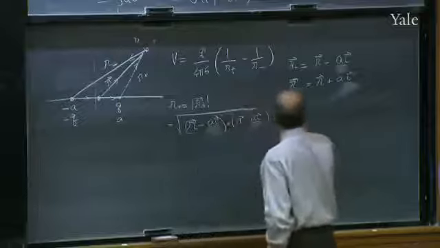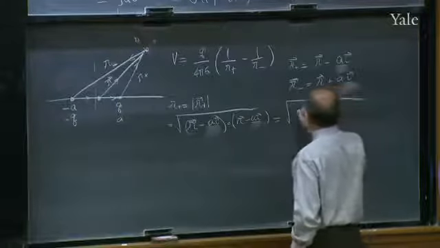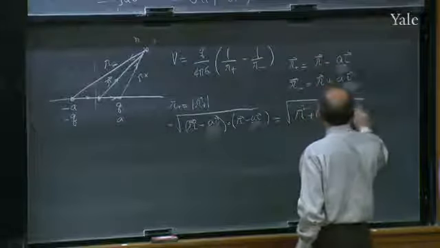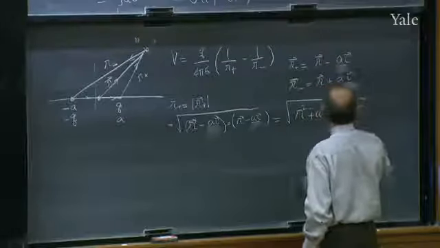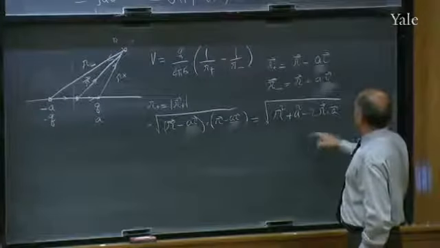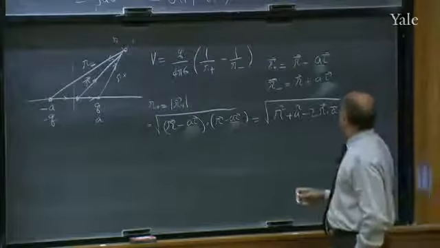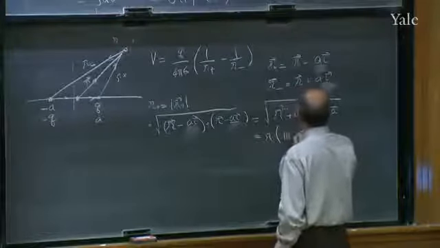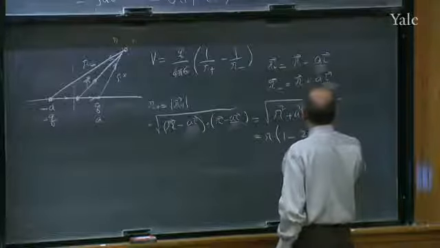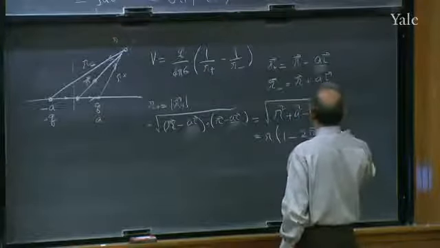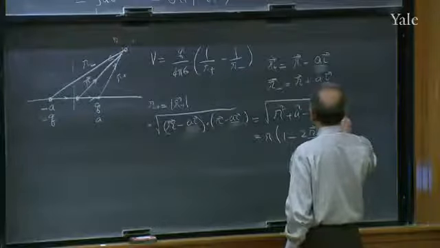So now you take the length square, it is equal to R square plus A square minus twice R dot A. The other one would be R square plus A square plus twice R dot A. And that we can approximate as R times 1 minus twice R dot A divided by R square, to the 1/2.